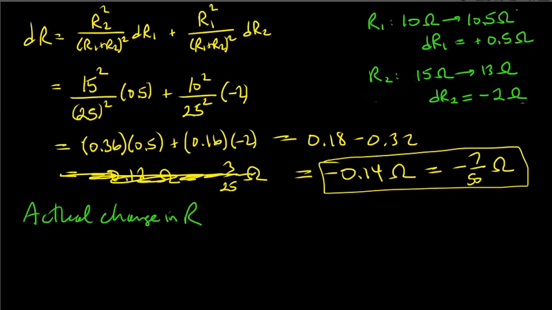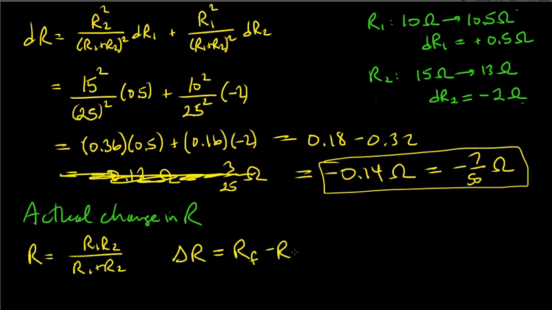So remember what R is. R is R1 R2 divided by R1 plus R2, right? So what is the resistance before the change? We're essentially just calculating delta R here. So this is R initial minus R final. Or actually, we want to go the other way, R final minus R initial.